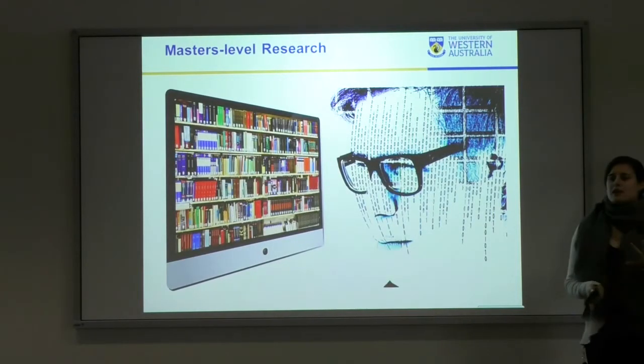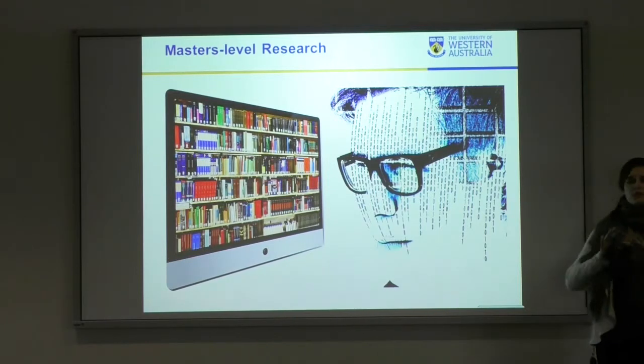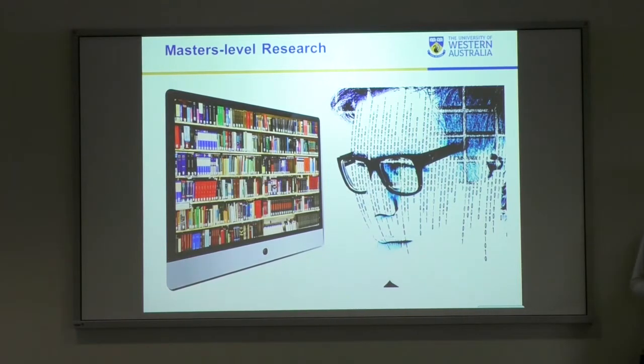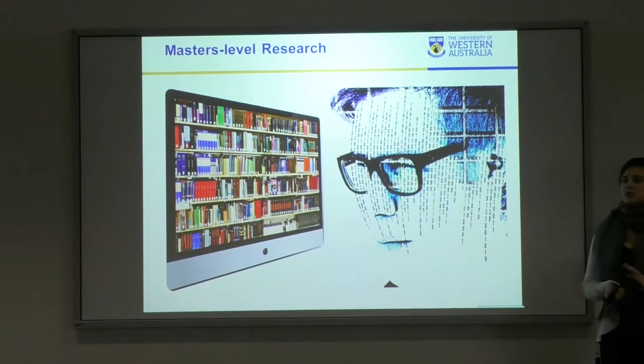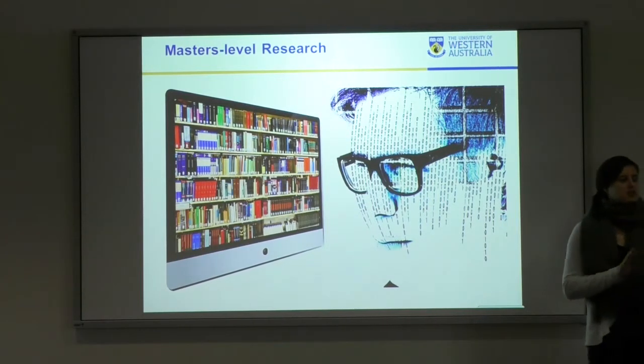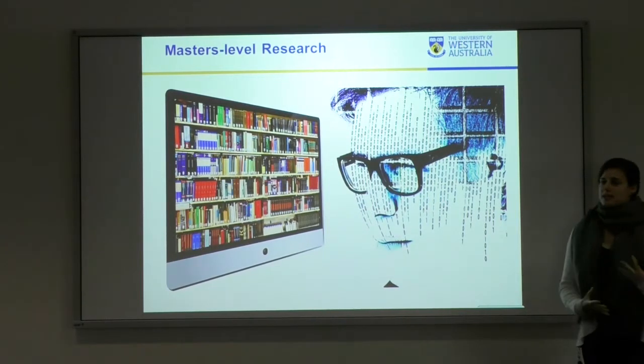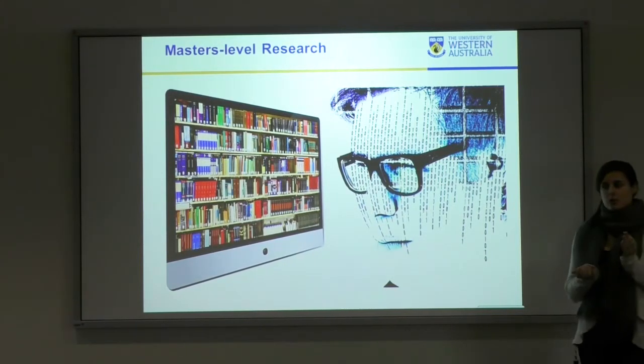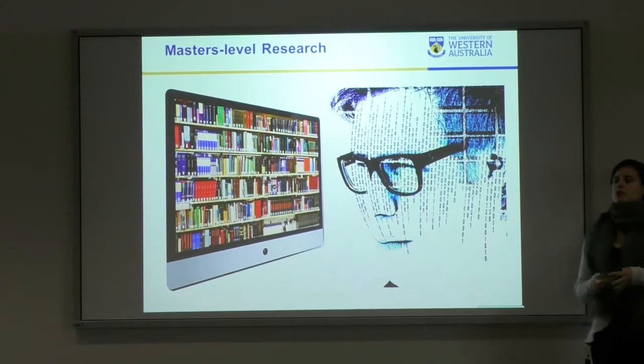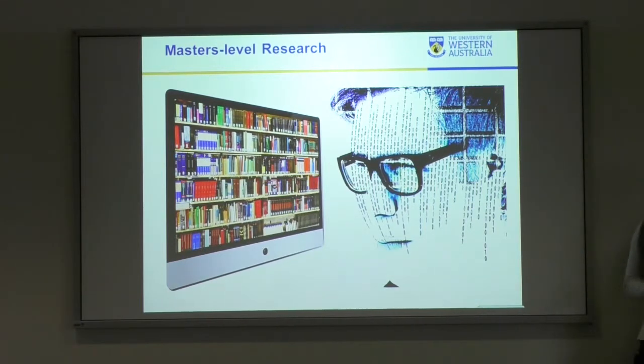So when you guys are at the master's, postgraduate, honours, PhD, that kind of level, the way you're searching will be a little bit different. As undergrads, you're just trying to get a general understanding of the topic, but you guys have probably got quite specific topics now in your postgrad, so you're going to need to search a little bit differently.